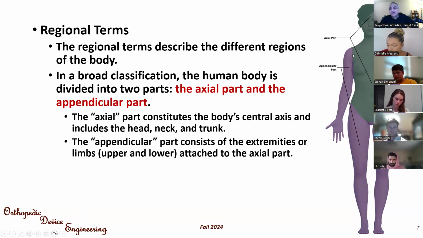And whatever is attached to this axial part is called appendicular part, upper limb and lower limb. So upper and lower limbs are appendicular part. Whatever is in these four limbs is called appendicular anatomy, and whatever is in the central part, in head, neck, chest, and abdomen and pelvis, is called axial.